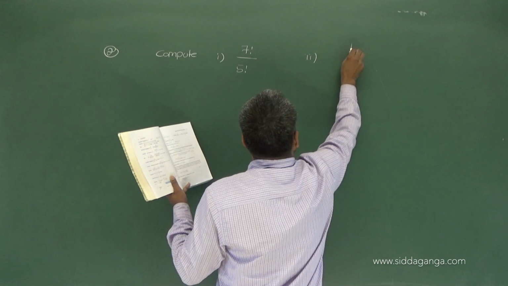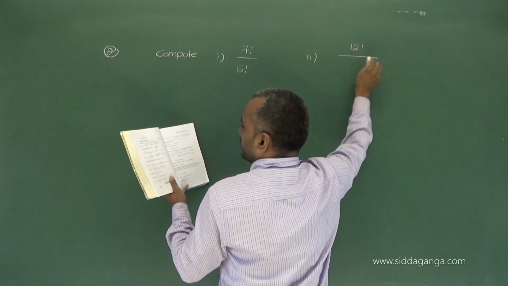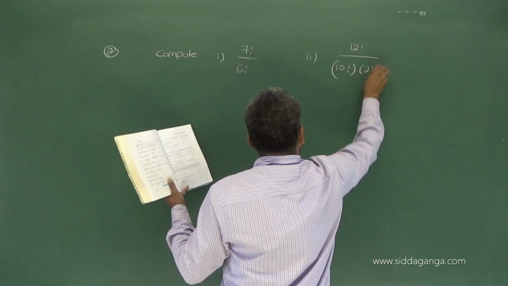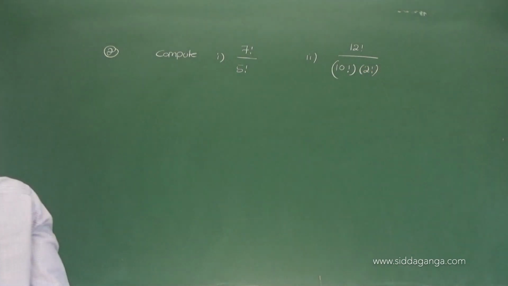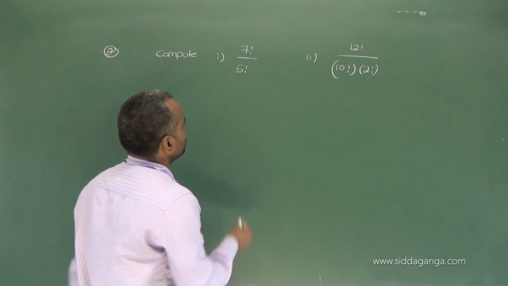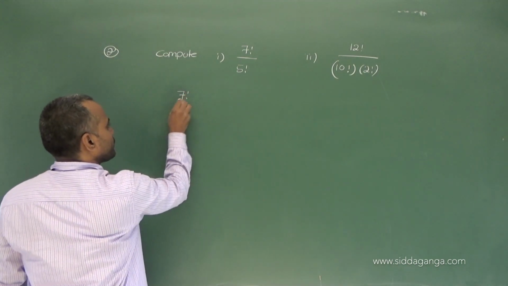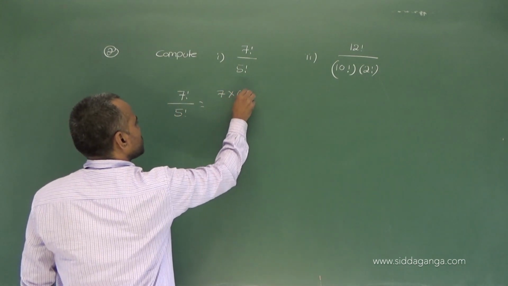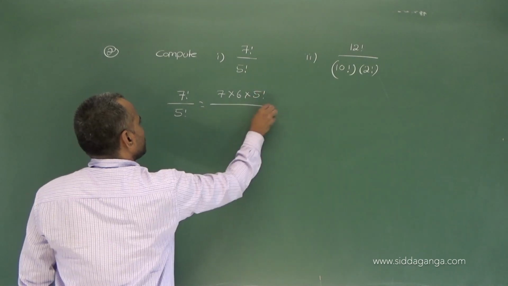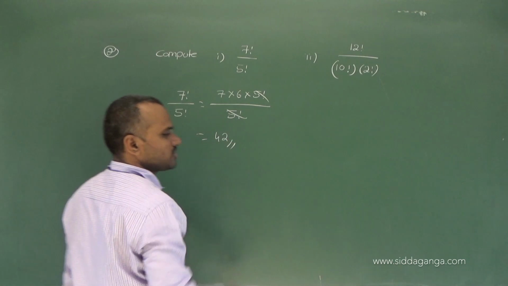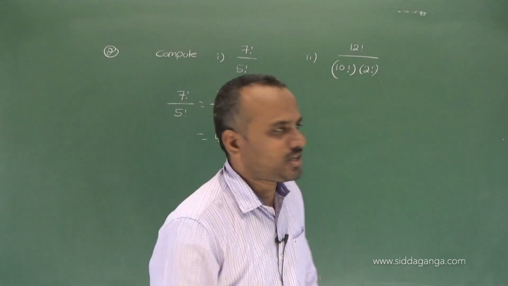Second one, 12 factorial divided by 10 factorial into 2 factorial. One by one, you also solve. 7 factorial over 5 factorial, we can write as 7 into 6 into 5 factorial divided by 5 factorial. The answer is 42.